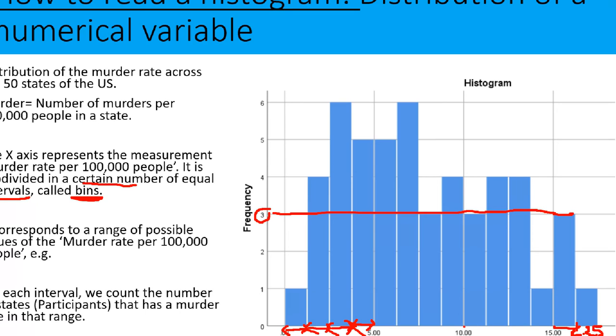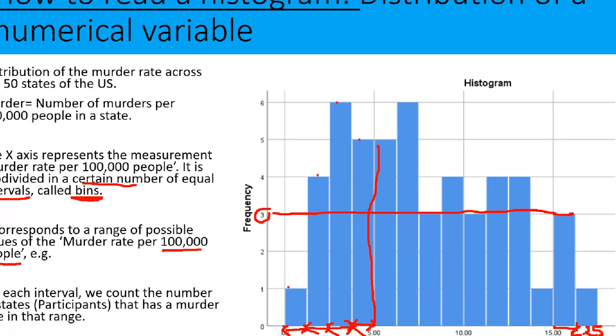So between 0 and 5, you would have 1 plus 4 plus 6, so I have 11 plus 5, 16 states that have a murder rate between 0 and 5 murders per 100,000 people.